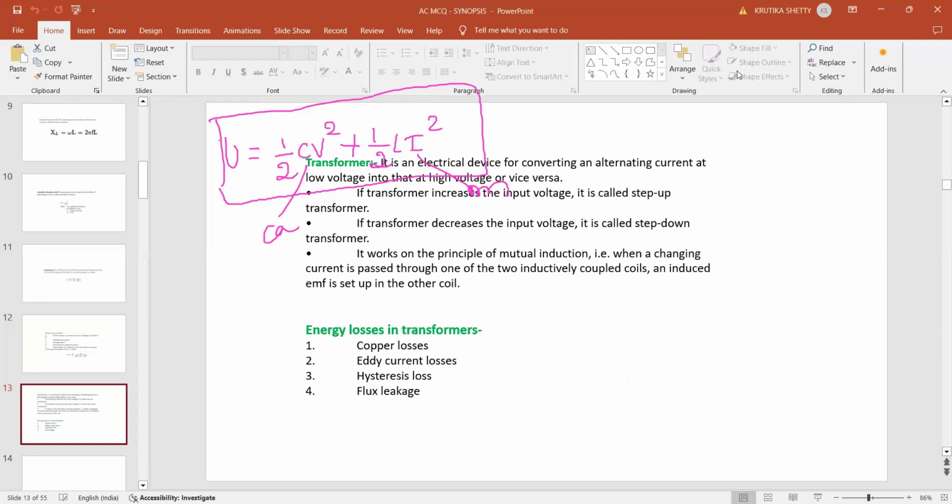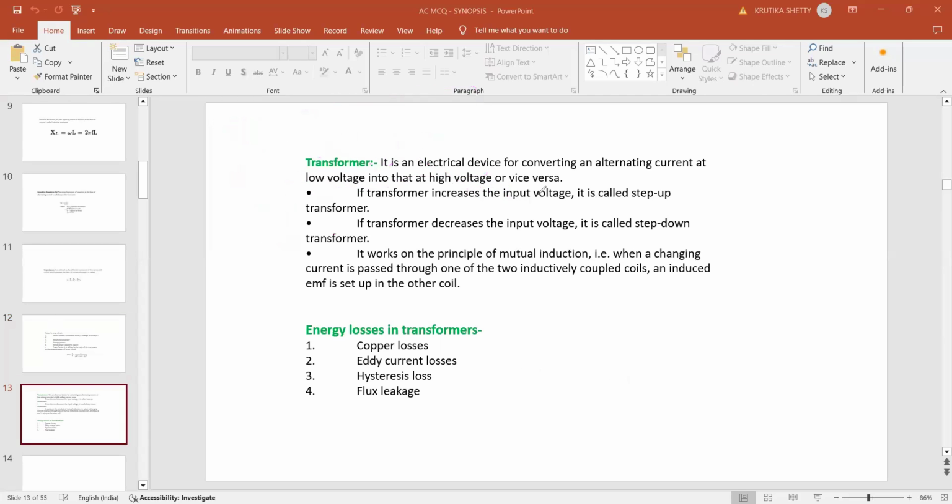The next point we are discussing is the transformer. So what do you mean by the transformer? How many types of transformers are there? Construction of the transformer, and let us see some of the expressions. Yes. So what is a transformer here, students?